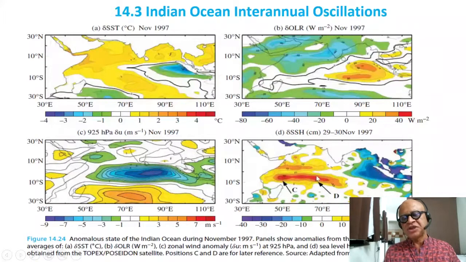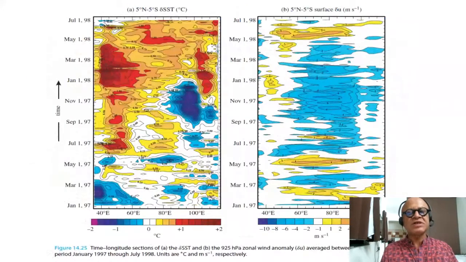So this ridge, the so-called thermocline ridge here, shows up as a sea level signal associated with the negative sea level signal over here. So definitely there is an east-west mode, but lots of differences from El Nino and lots of unknowns, just like El Nino, and even more.